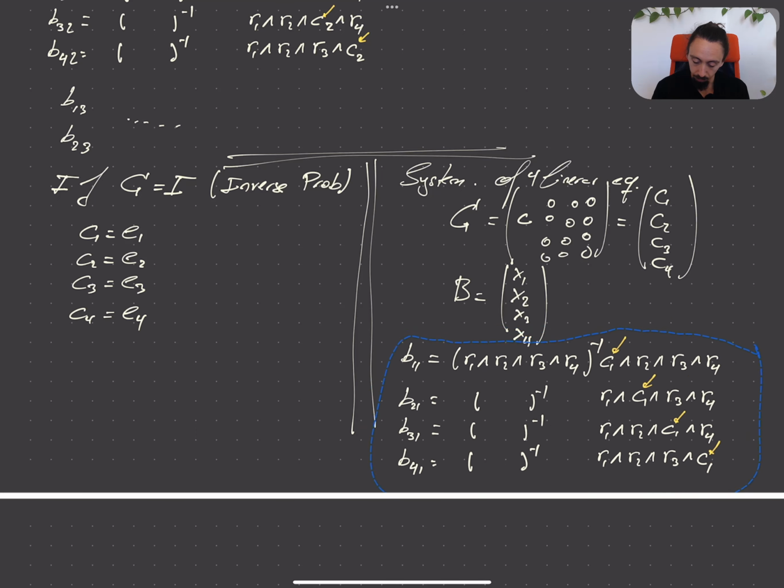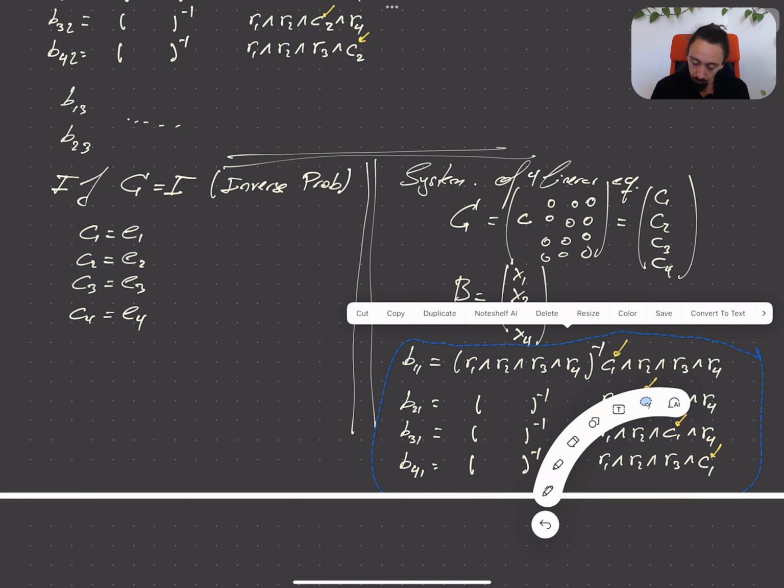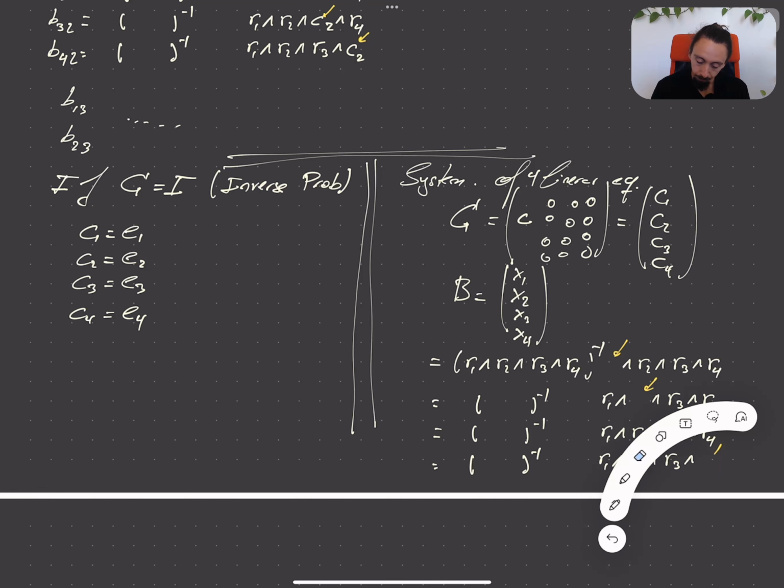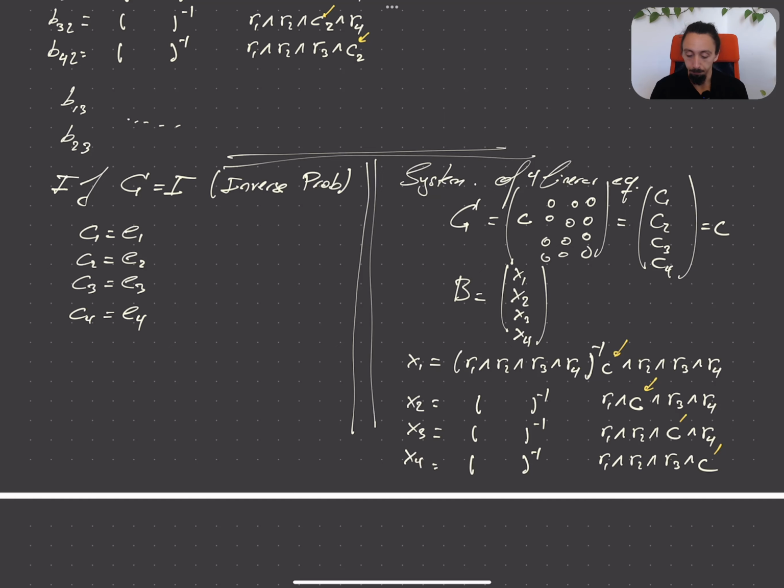Kind of, yeah, it fits. So now we simply delete these and these ones and say that this is x1, x2, x3, x4, and here we have C, C, C, and C, which is this column vector C.